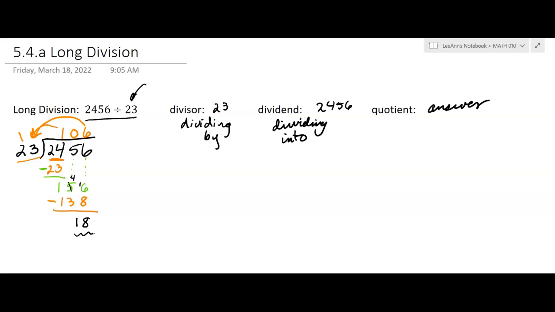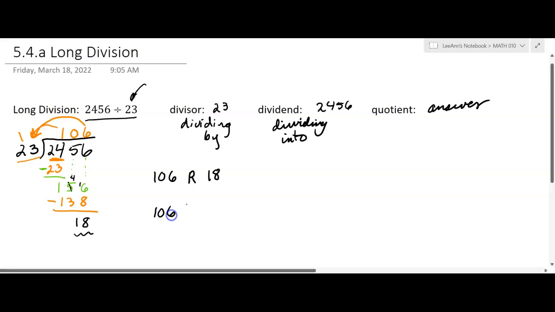Now, depending on where you were at in your math career, they may have let you say, okay, the answer is 106, remainder, sometimes they use a capital R, sometimes a lowercase r, 18. And some of our textbooks, when we're doing polynomial division, actually let you do that. The remainder is a big part of what we're going to be doing with some theorems and stuff, but that's okay. Another way you may have been taught would be to put 106 and then 18 over the divisor, like a fraction.